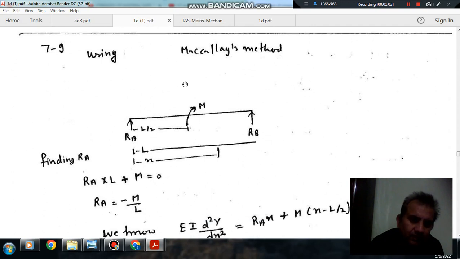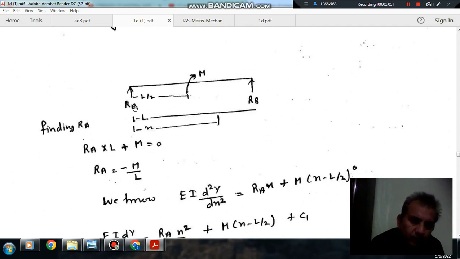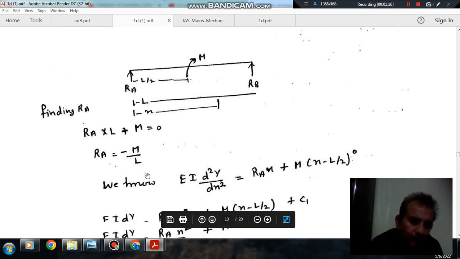So using Macaulay's method, first of all finding out the reactions RA taking moment about B, so RA into L is clockwise and M is also clockwise, so RA is your minus M by L. Okay.